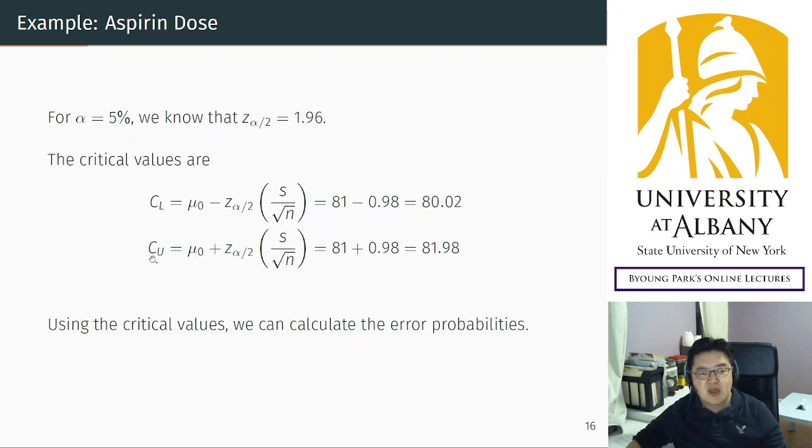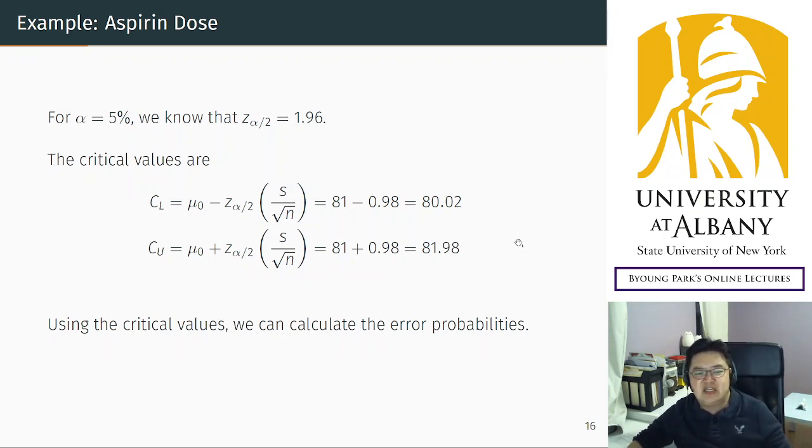So say you are an FDA agent, and if you randomly sampled aspirin and find its measurement is within these two numbers, then it's okay. However, if you find that the sample average of 100 pills is smaller than 80.02 or greater than 81.98, then it's a problem.